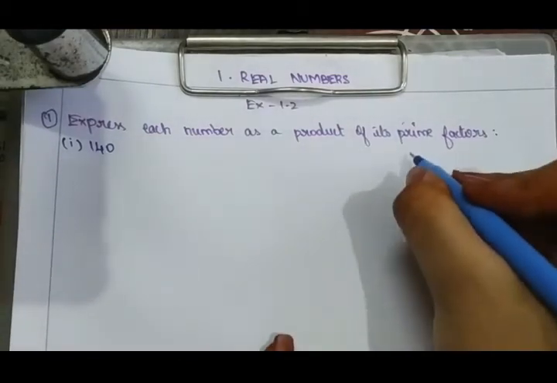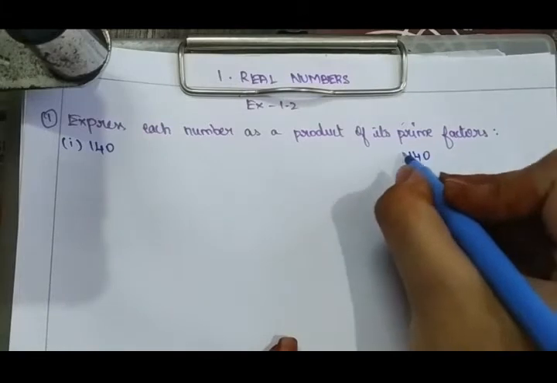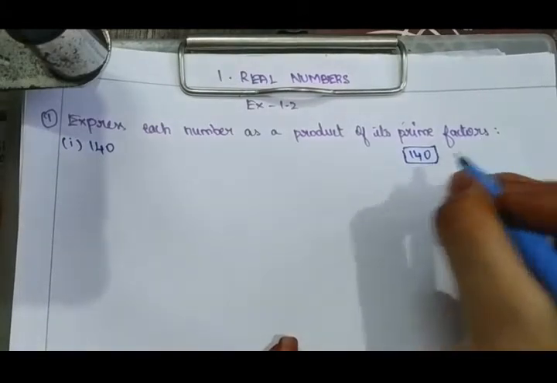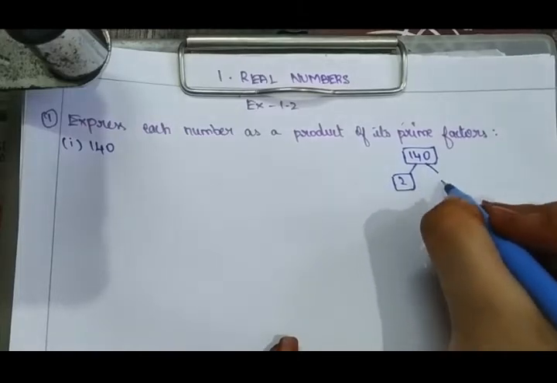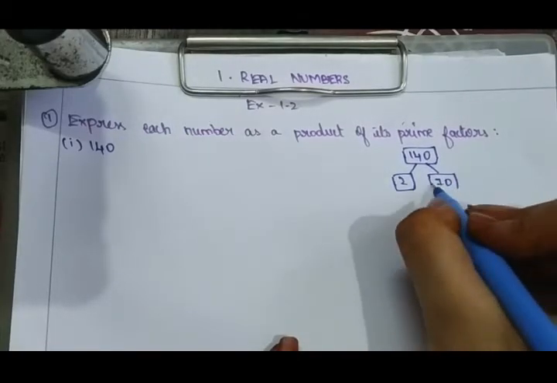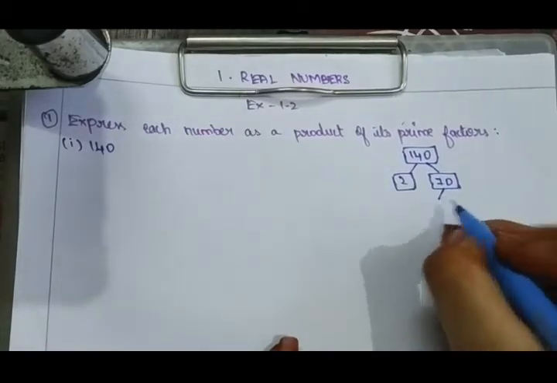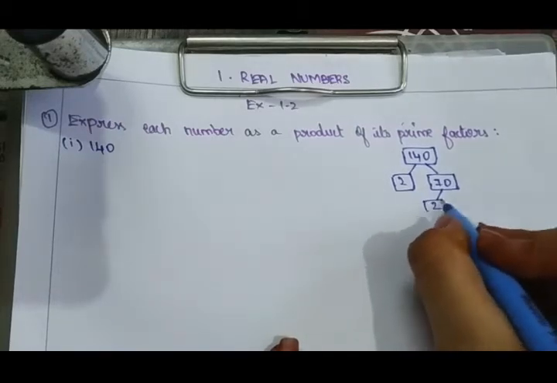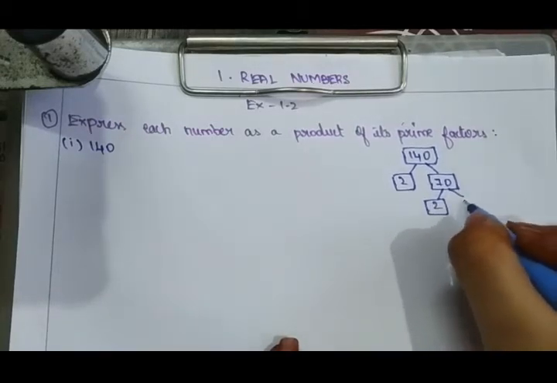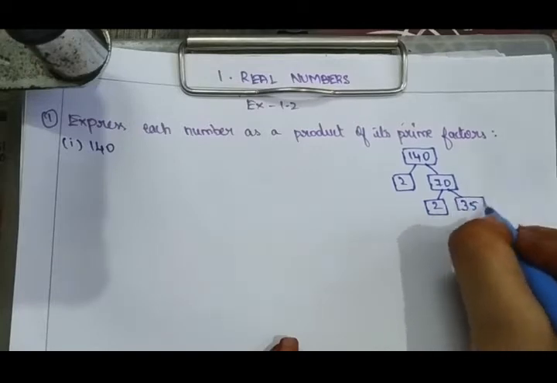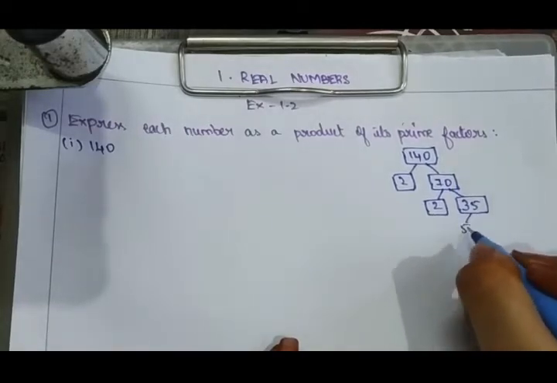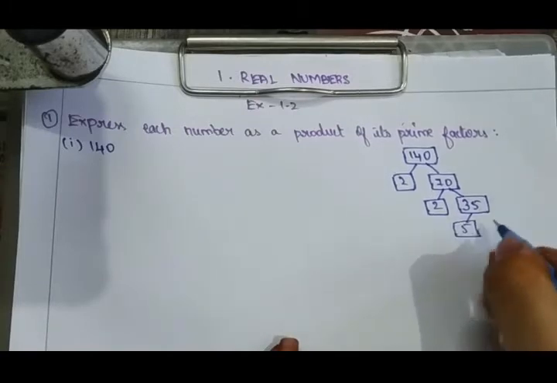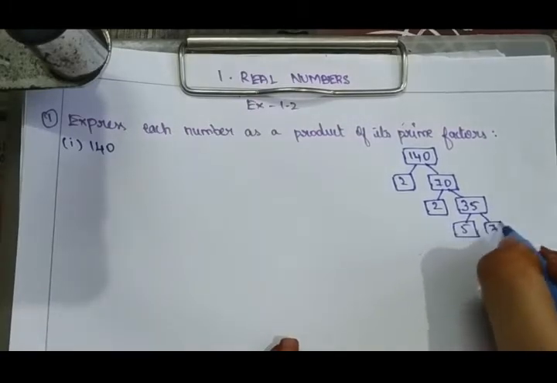So see here, this 140 is 2 into 70, and this 70 can be written as 2 into 35, and this 35 can be written as 5 into 7.